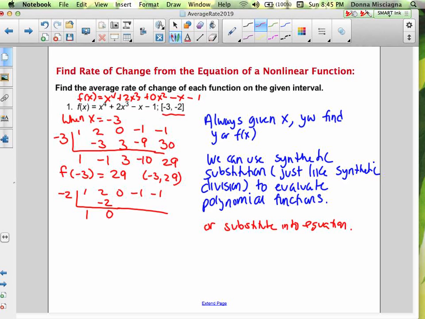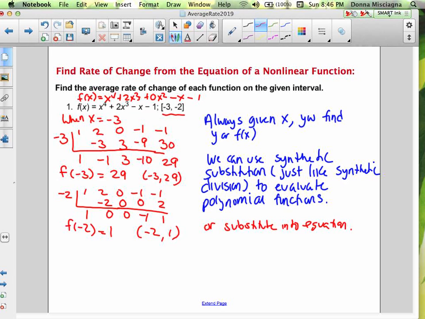Add, we get 0. 0 times -2 is 0. I was writing the right thing, but not saying the right thing. Add, we get 0. 0 times -2 is 0. Add, we get -1. -1 times -2 is 2. Add, we get 1. So f of -2 equals 1. So that means that -2, 1 is a point.